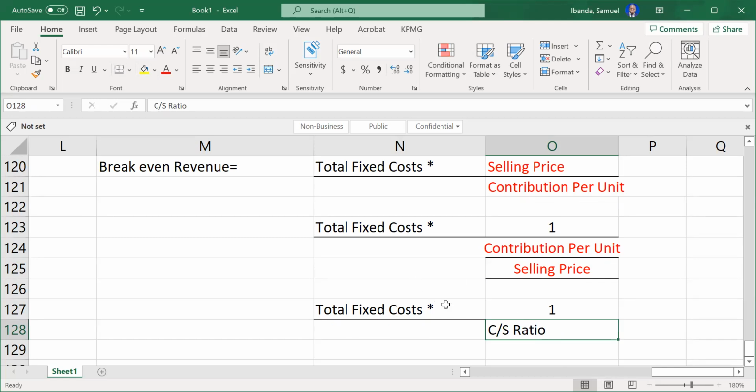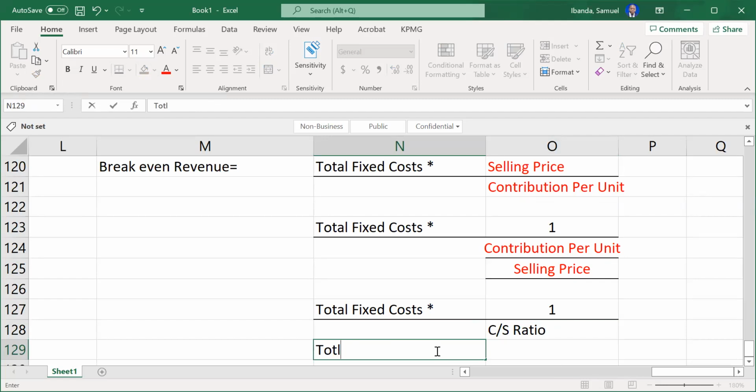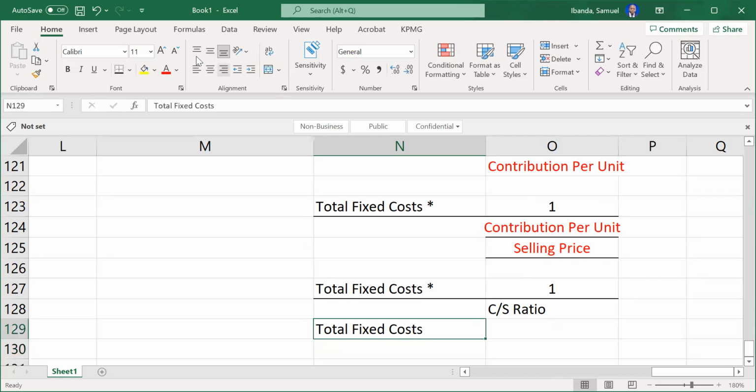So when you have your total fixed cost times 1 divided by CS ratio, it's the same thing as total fixed costs divided by CS ratio.